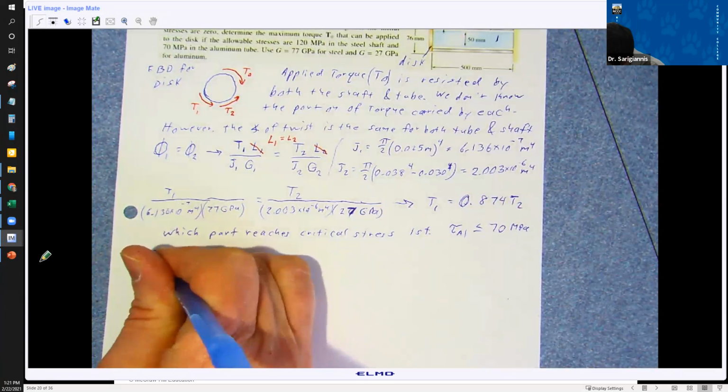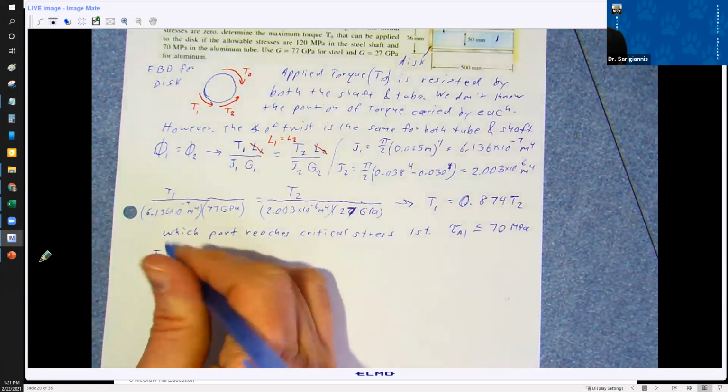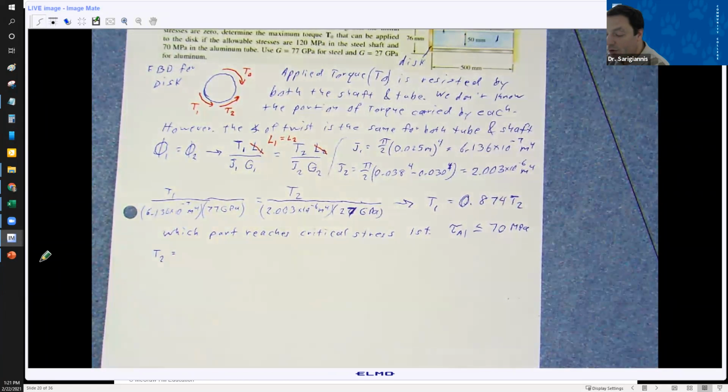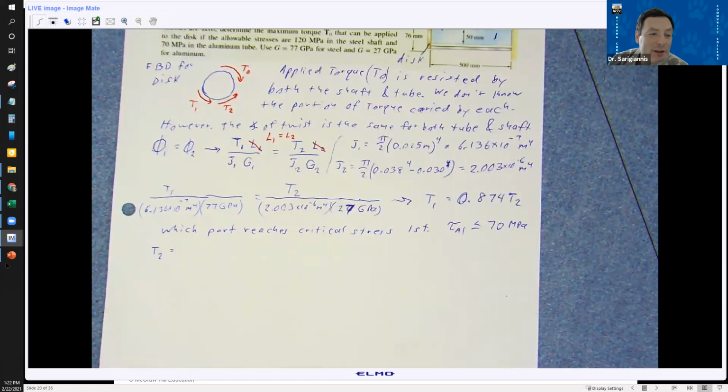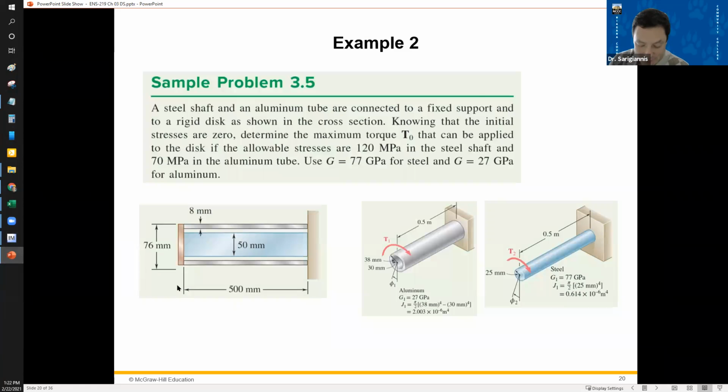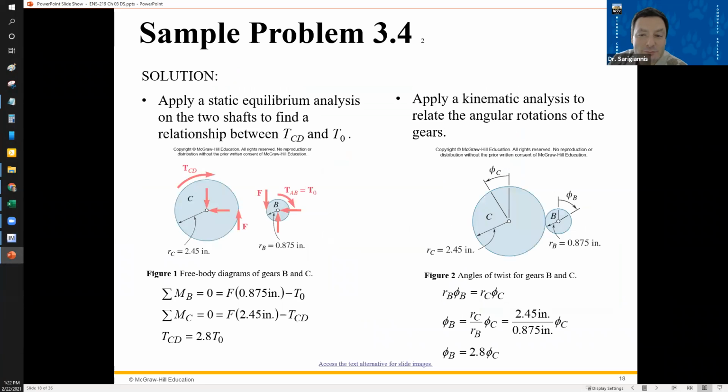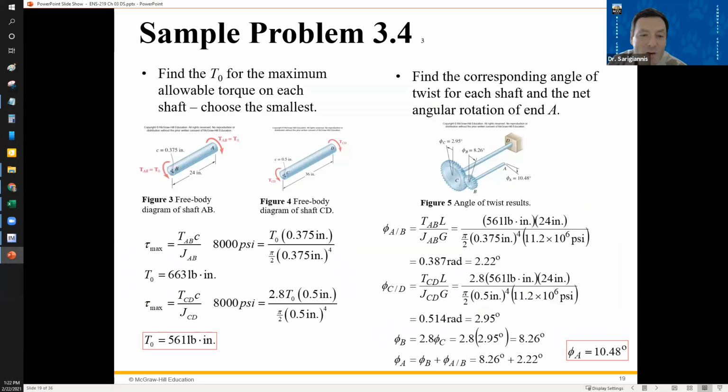So that's T2 is equal to, now this is basically reversing the equation for shear stress and torque. Yeah, this equation right here. I'm solving for the torque if I know the limiting shear stress, so I'm going to rearrange that.